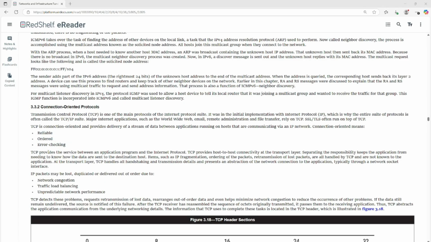You also have to be aware of where it provides its service. It happens between the application program and the Internet Protocol. TCP provides host-to-host connectivity at the transport layer. You have to keep in mind the layer that it's at: the transport layer.